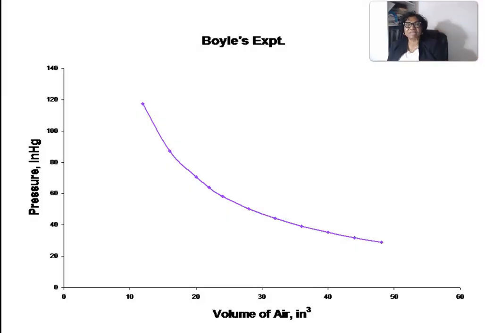So if you carry out that experiment, we'll notice that as pressure increases, the volume is decreasing. So that is Boyle's law. As the pressure is increasing, the volume is decreasing.